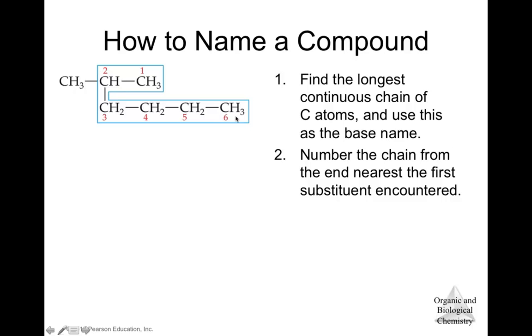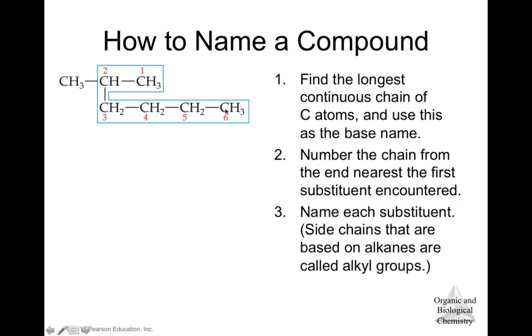That helps me see visually which ones are the substituents in this molecule. We can start from here or also from here. If we start here, this will be 1, 2, 3, 4, 5, and our substituent will be at number 5. But if we start 1, 2, our substituent will be at number 2. We need to give our substituent the lowest number possible. That's why we start here instead of from here.